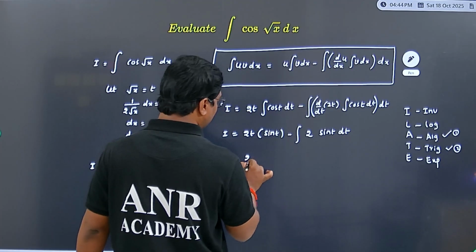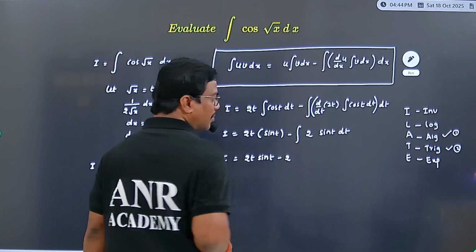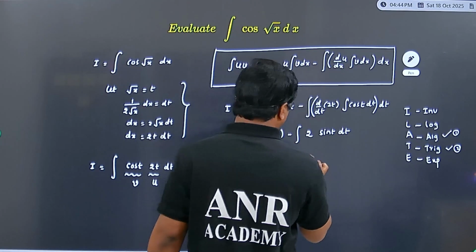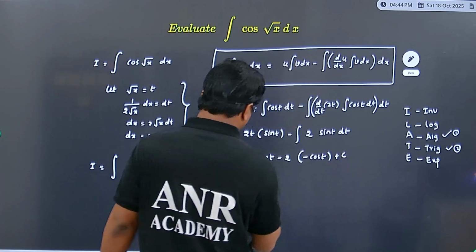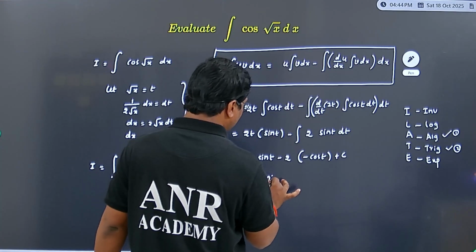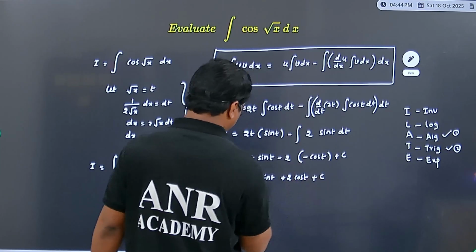and hence the value of I equal to 2t into sin t, next minus 2 outside, integration of sin t, that is minus of cos t plus c, and hence the value of I equal to 2t sin t plus 2 times cos t plus c.